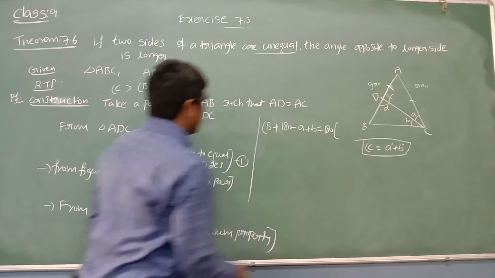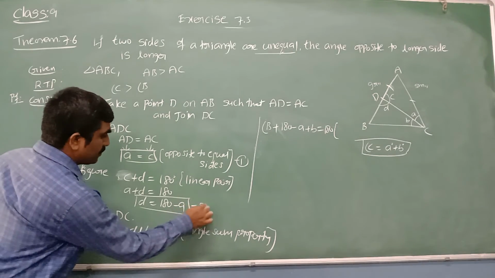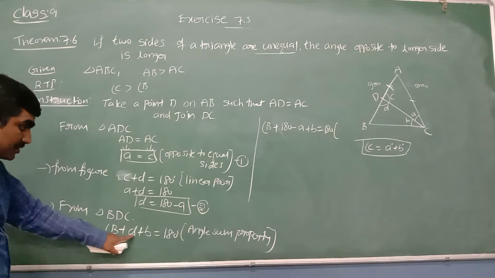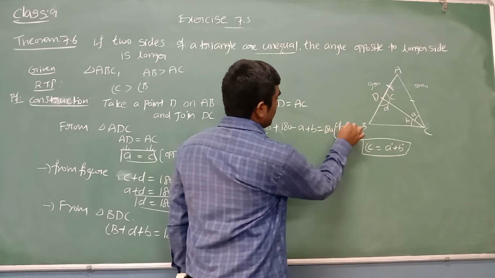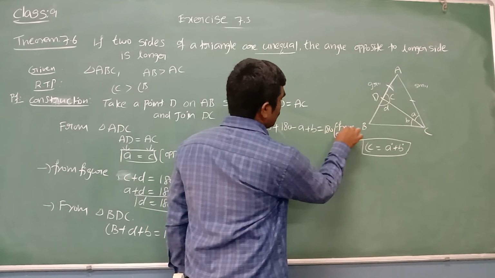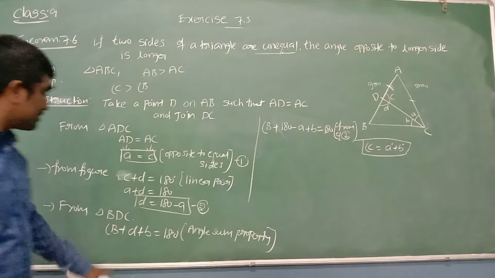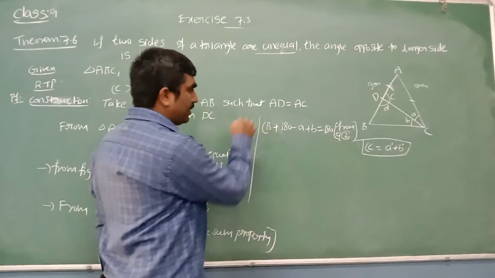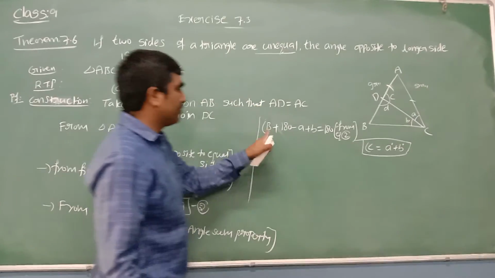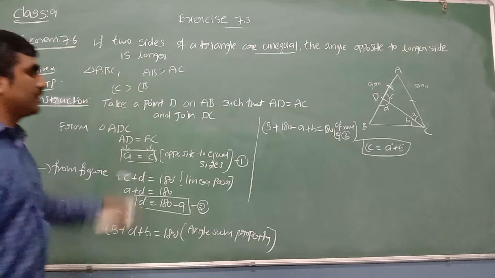Call this equation 2. From equation 2, in the place of D I wrote 180 minus A. Now find angle B, because we know the C value, and then we do the comparison.